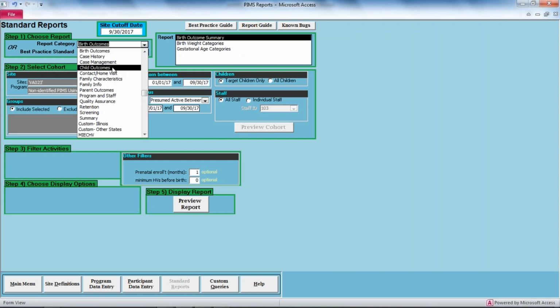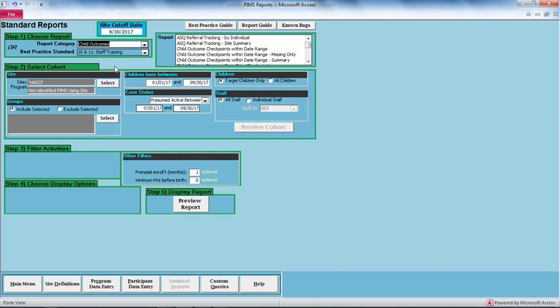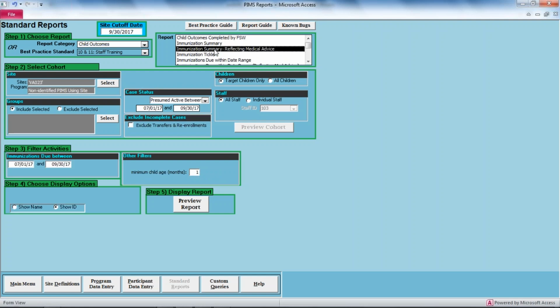Next, back to the child outcomes and down to the immunization data. Okay, we have an immunization summary, and we have an immunization summary reflecting medical advice.